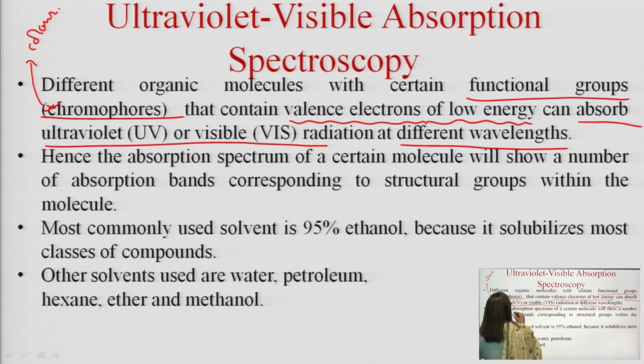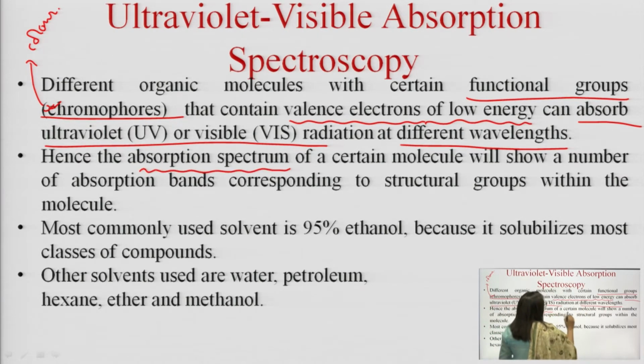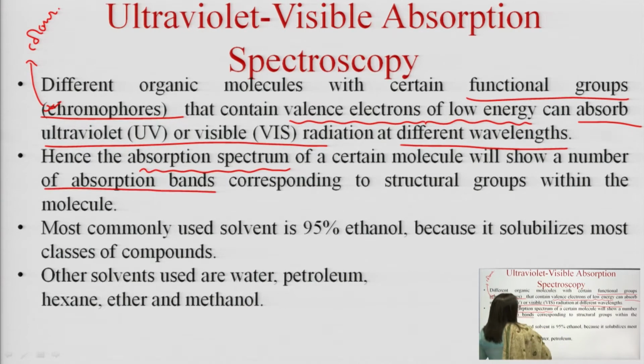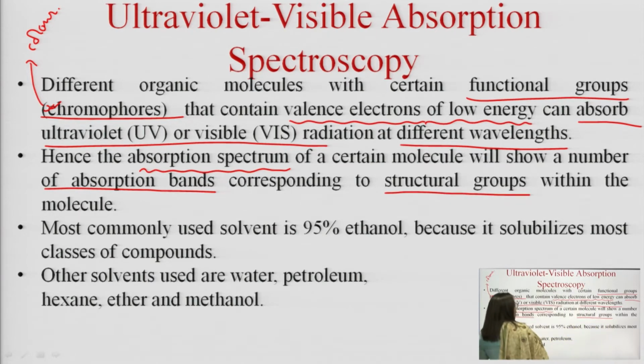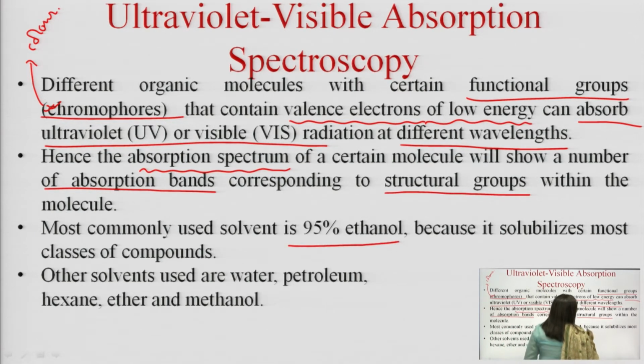Hence, the absorption spectra of certain molecules will show a number of absorption bands corresponding to their structural groups within the molecule. The most commonly used solvent for the sample preparation in UV is 95% ethanol because it is capable of solubilizing almost all classes of compounds.